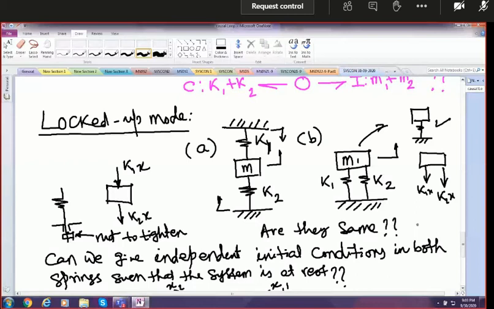Sir, slides are lagging a lot. Okay, I am going slow. So the top model, 1I with two C elements K1 and K2, is the correct model for configuration B. The correct model for configuration A.